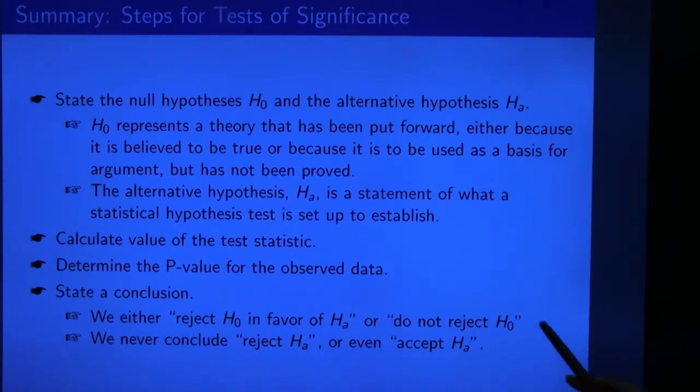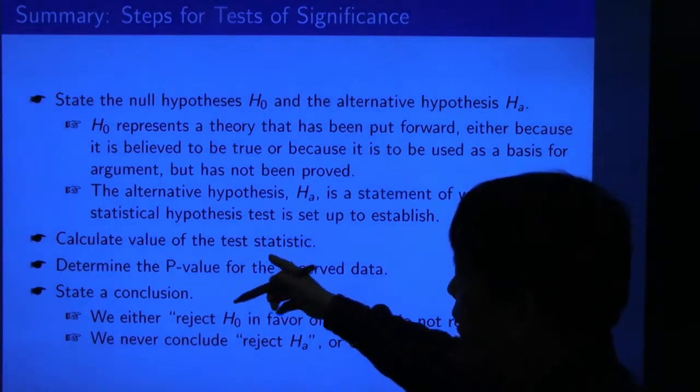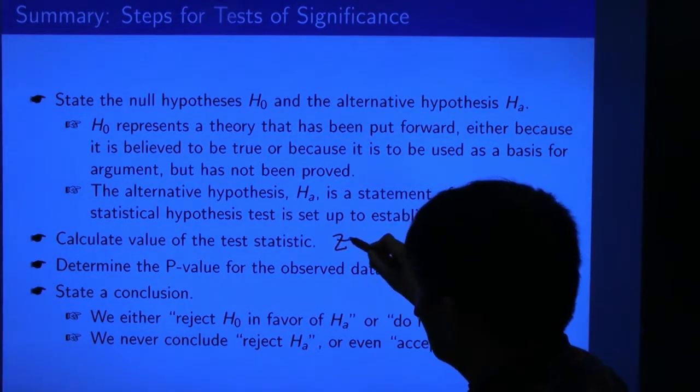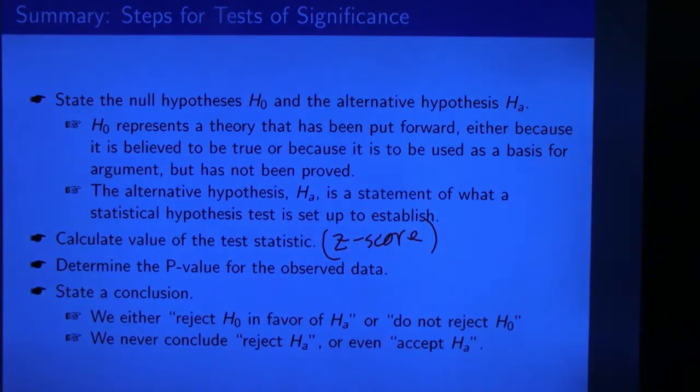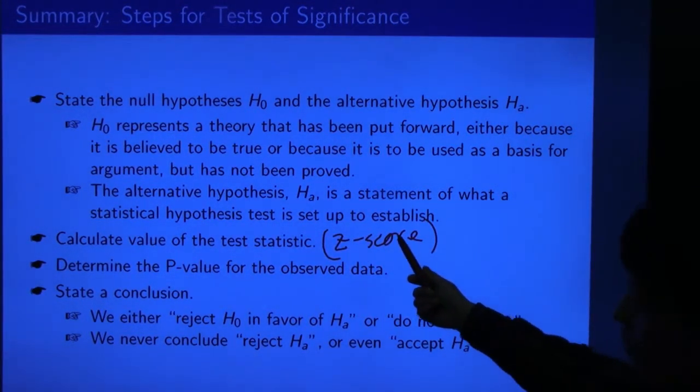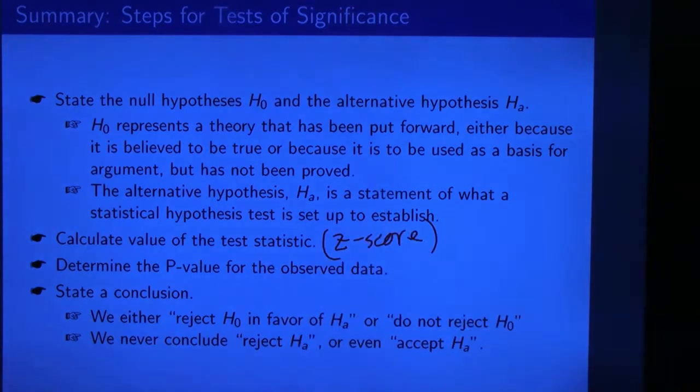Then we need to state the alternative hypothesis HA. So that is step 1. Step 2, we need to calculate the value of the test statistic. The test statistic here actually means the z-score. Once we know the z-score, we need to calculate the p-value.